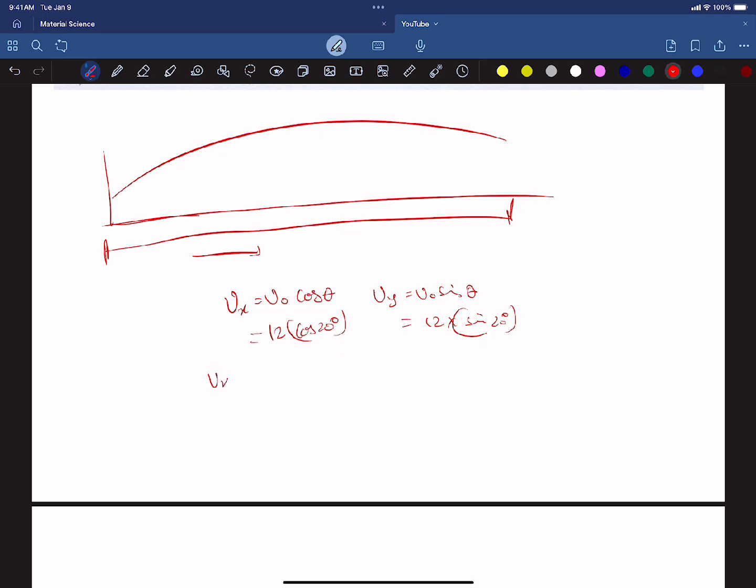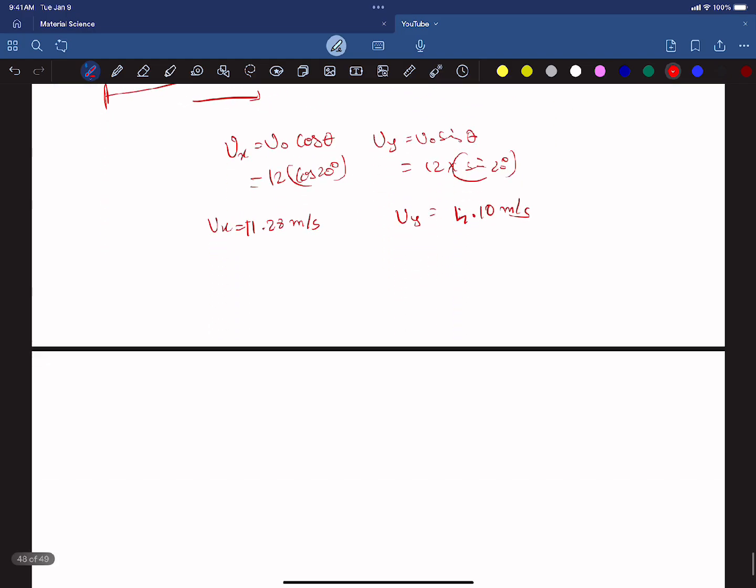So the x component is equal to 11.28 meter per second. The y component of the jumper is 4.10 meter per second.